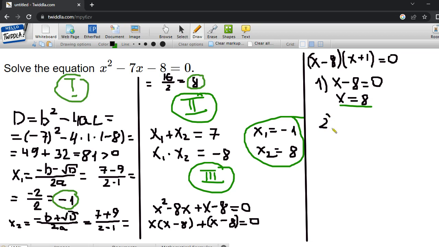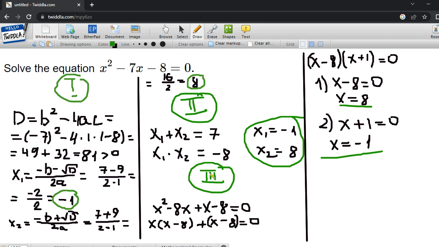And then the second case, x plus 1 equals 0, and then x equals negative 1, our second root. And we can compare that first method we had negative 1, second method negative 1, third method negative 1. Then first method we had 8, the second method we had 8, the third method we had 8.